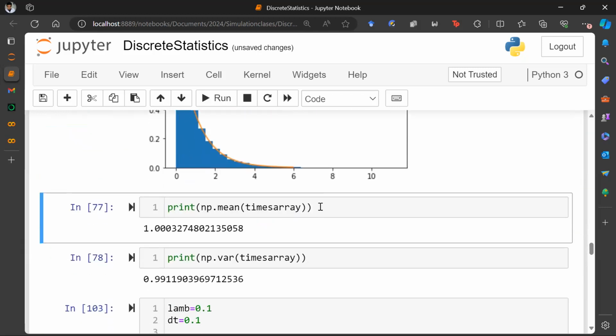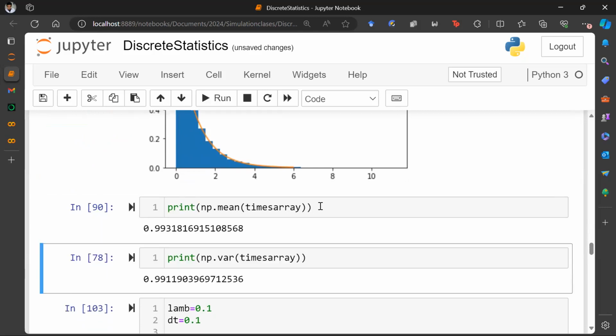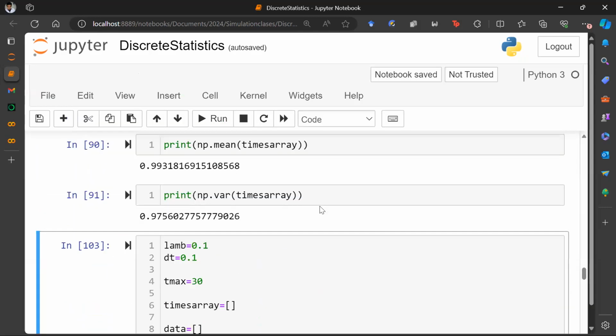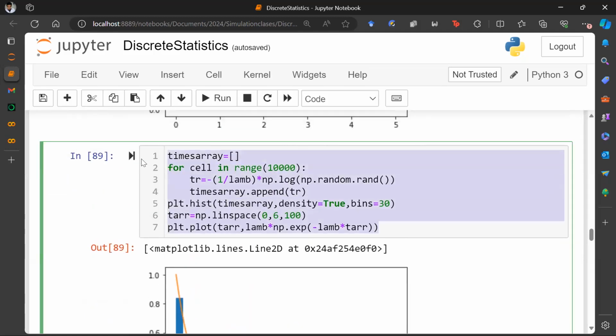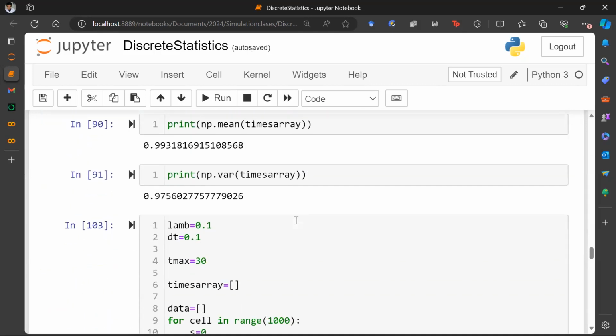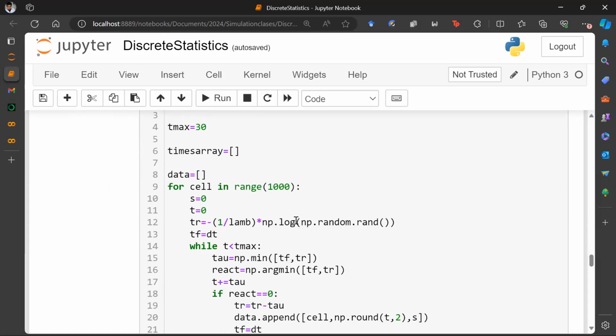Okay, we get something like that. The mean is also 1, and the variance is almost close to 1. And this algorithm is way faster than the exponential tau leaping.